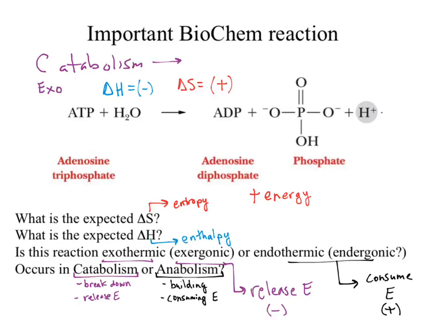But I mentioned that delta S is a very small contributor, so we can correlate our release or consumption of energy pretty much directly to delta H, in most cases. It's not always perfect, but it's pretty close. So if I have energy as a product, energy was released, it is exothermic, which means a negative energy, which then means delta H has to be negative. Okay?